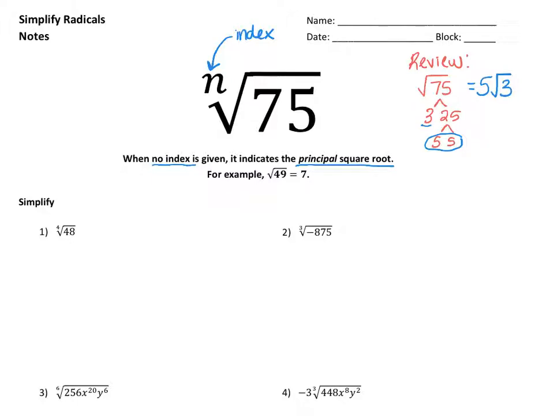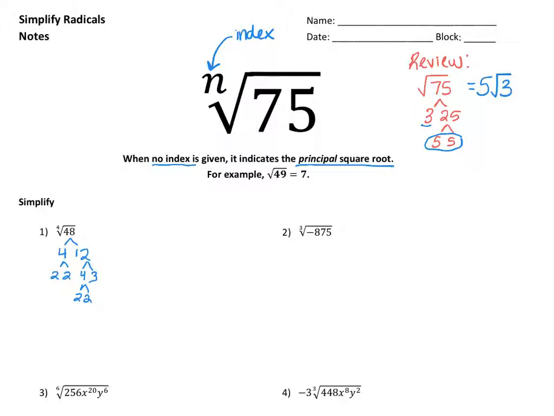So if we look at the first example, I have the fourth root of 48. The first thing I'm going to do is just like what we did with square roots, and break down this fourth root of 48 into its prime factors. Now, this is a fourth root. So just like with a square root I look for pairs, in a fourth root I'm looking for 4 of the same number.